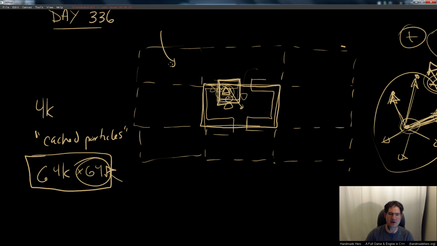So as things move into the sim region that are particle systems, this happens, right? And as things leave the region, well, they still stay in the cache potentially for some time, depending on how many other particle systems are actively being used inside here. But eventually, they will get reclaimed when there are 64 new particle systems that have come through the simulation region since it left, right? Or rather, since it came on, I should say.